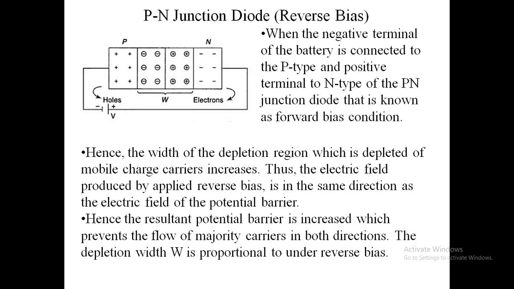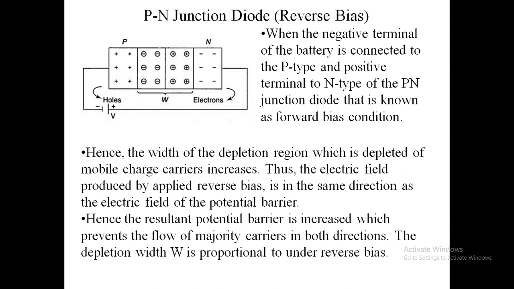Next is the PN junction diode under reverse bias. When the negative terminal of the battery is connected to the p-type and the positive terminal to the n-type of the PN junction diode, it is known as the reverse bias condition.